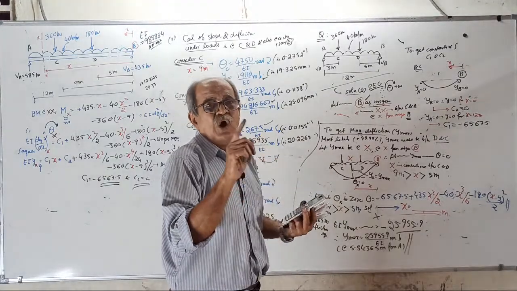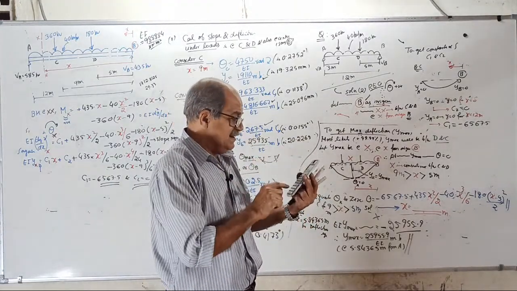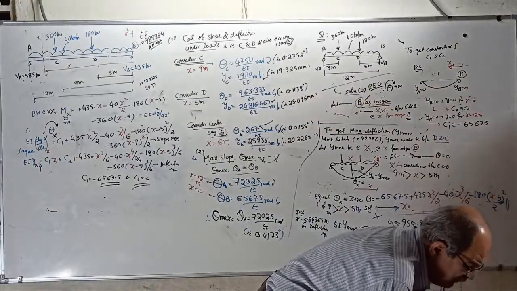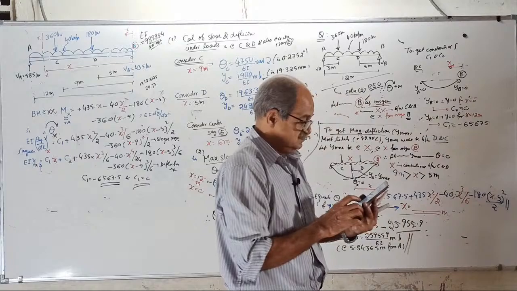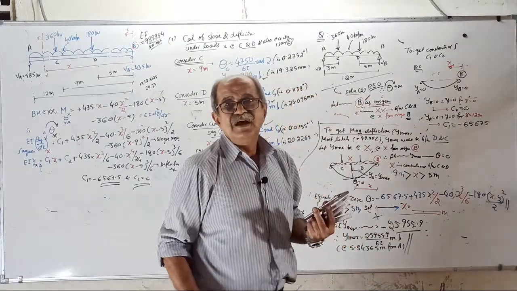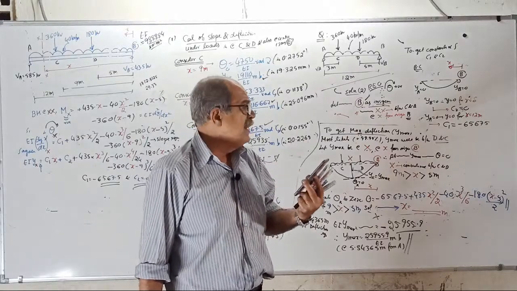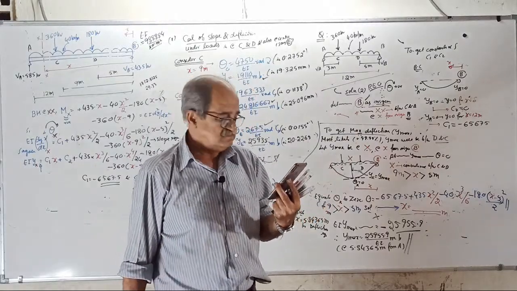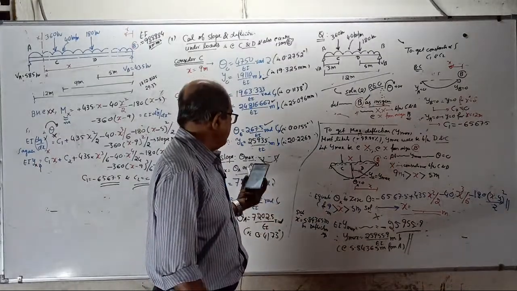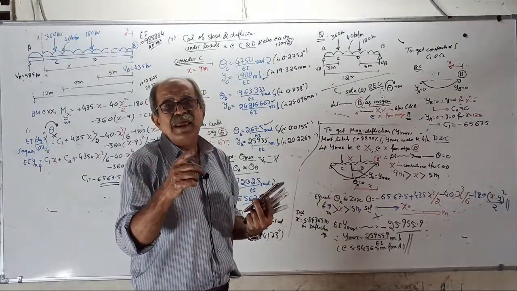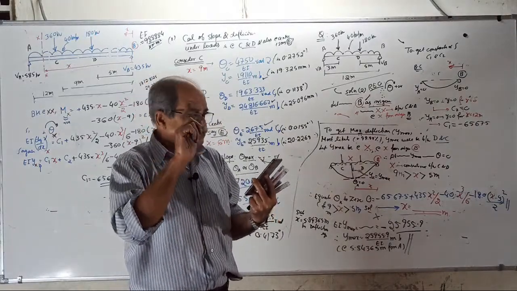Tell me how much it should come from right hand. I got from left side 5.84365. Tell me how much from right hand it should come.